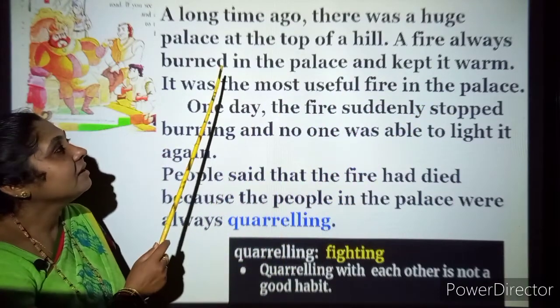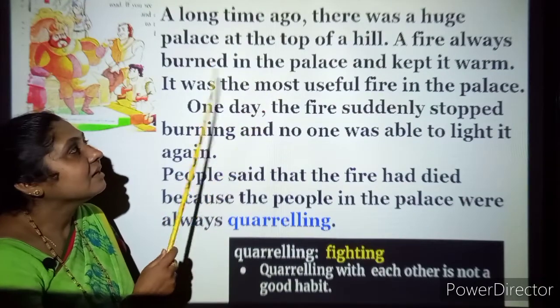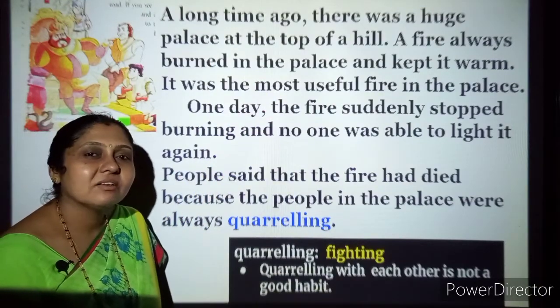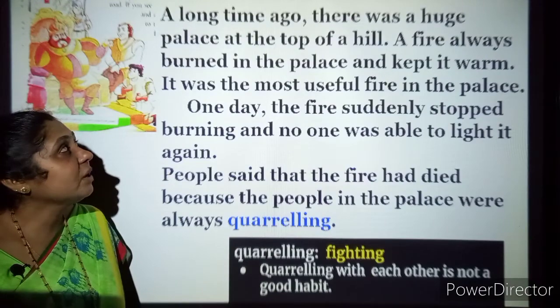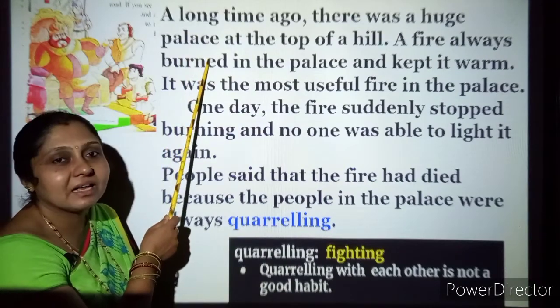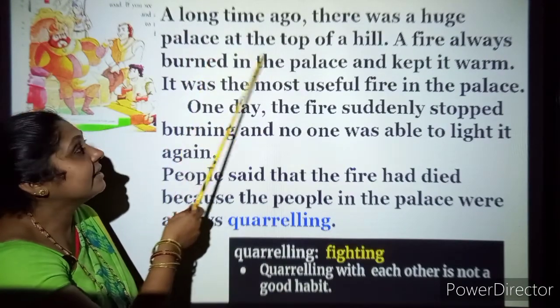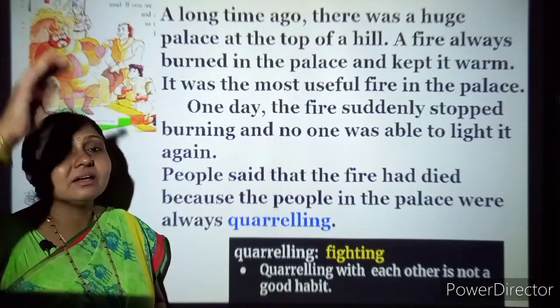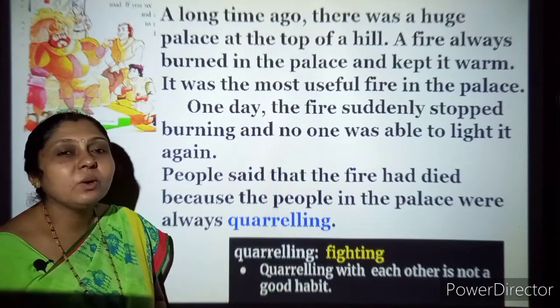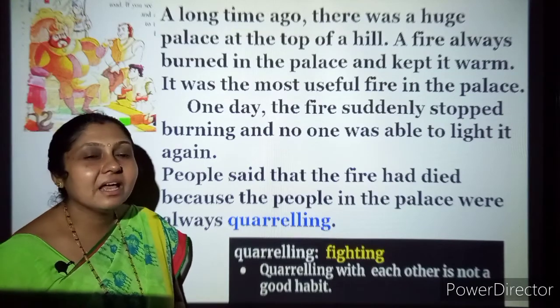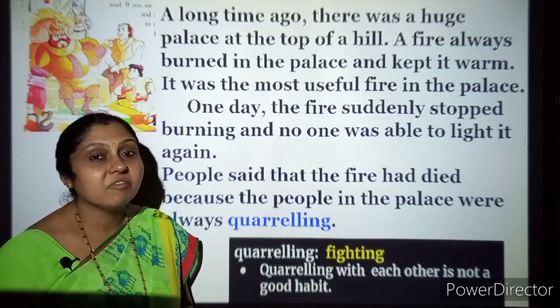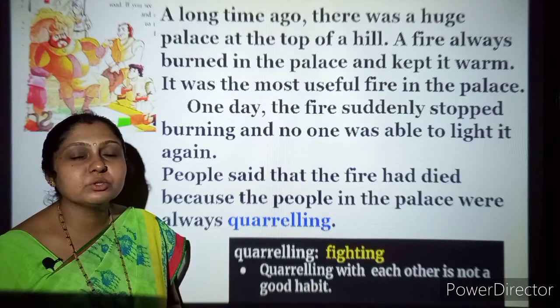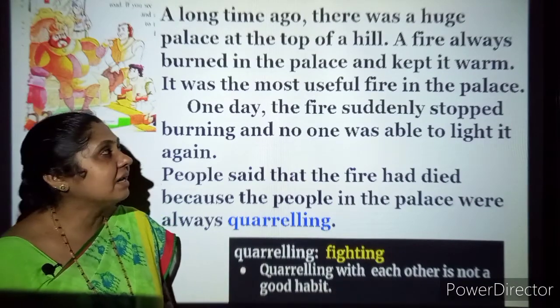Here you come to know that a long time ago means very earlier days. There was a huge palace at the top of the hill, and that palace was very huge, means very big.